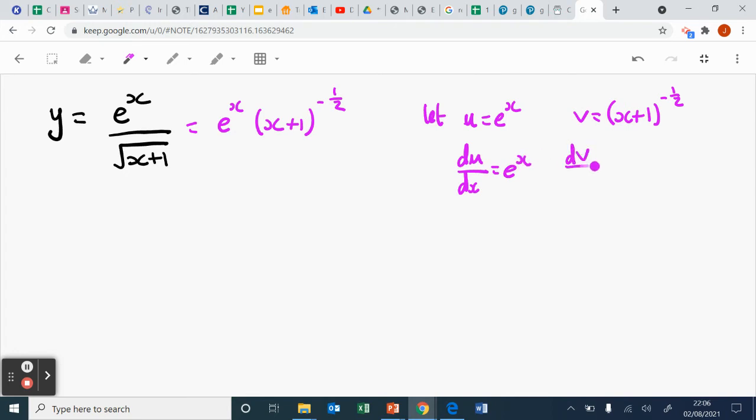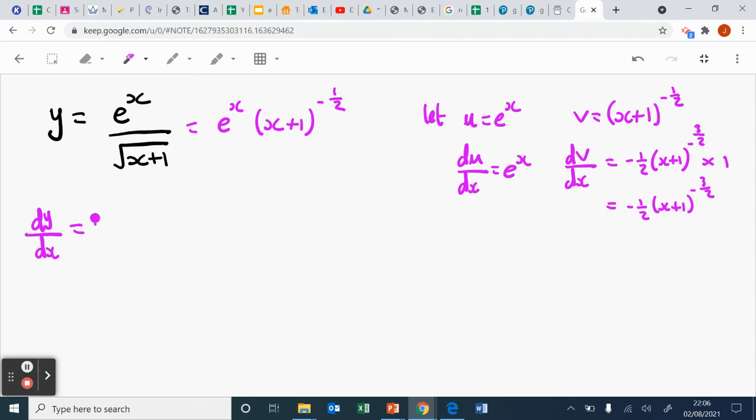Then we have dv/dx, using chain, is minus a half x plus 1 to the power of minus 3 over 2, because we're taking away 1, multiplied by the derivative of x plus 1, which is just 1. So the final simplification for this little bit is minus a half x plus 1 to the power of minus 3 over 2.